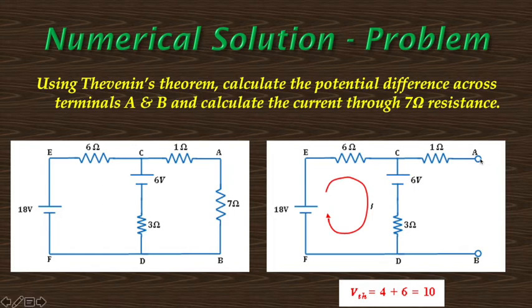So VTH equals VCD or VAD. There is no voltage drop across the 1 ohm resistance because no current passes through it. So VTH equals 6 volts plus 4 volts, that means a total of 10 volts.